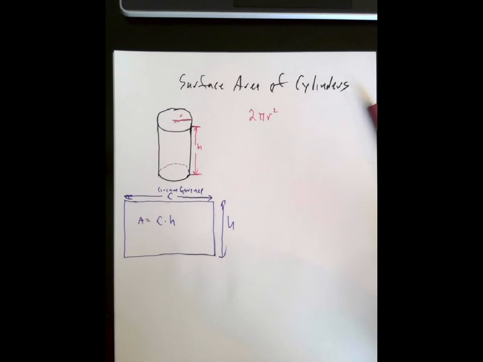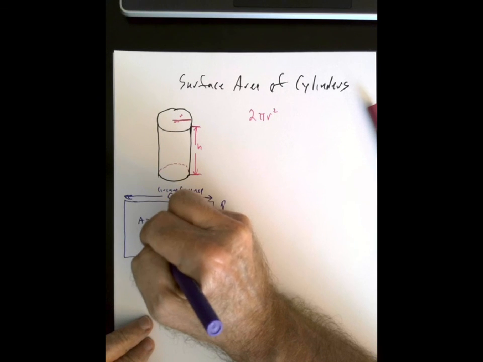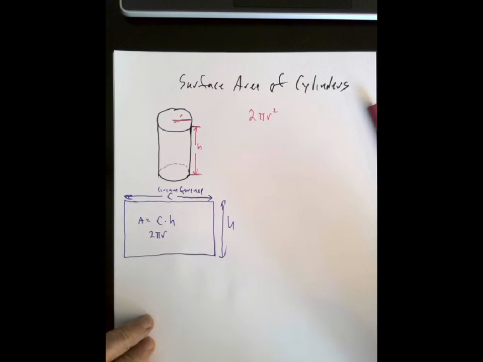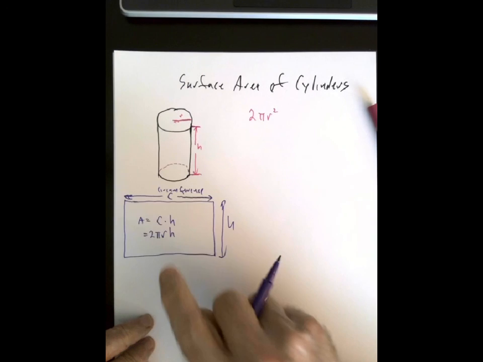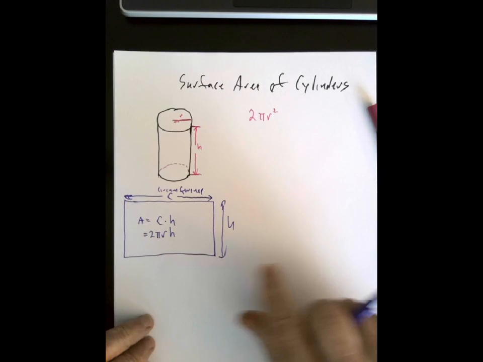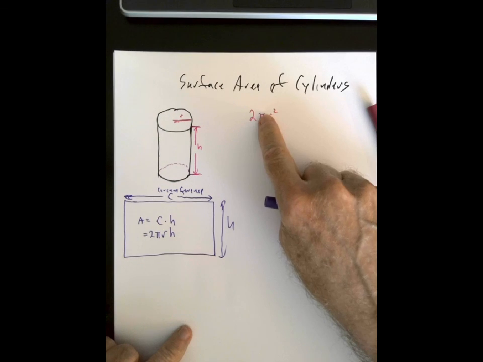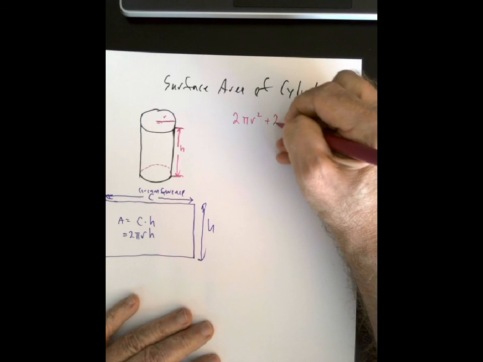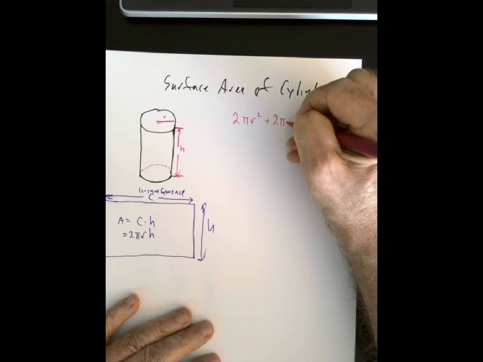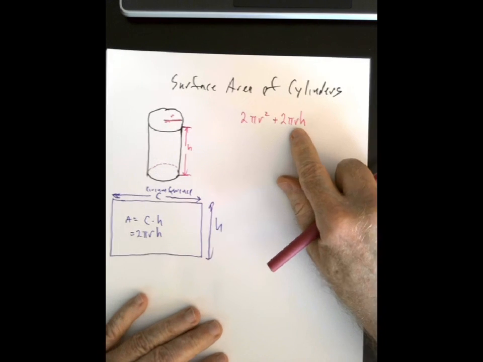Well, how do we get the circumference? Well, that is still 2 pi r, and then times the height. And that gives us the area of the side. So up here, we add this plus that, gives us this complicated looking formula for the side of the can.